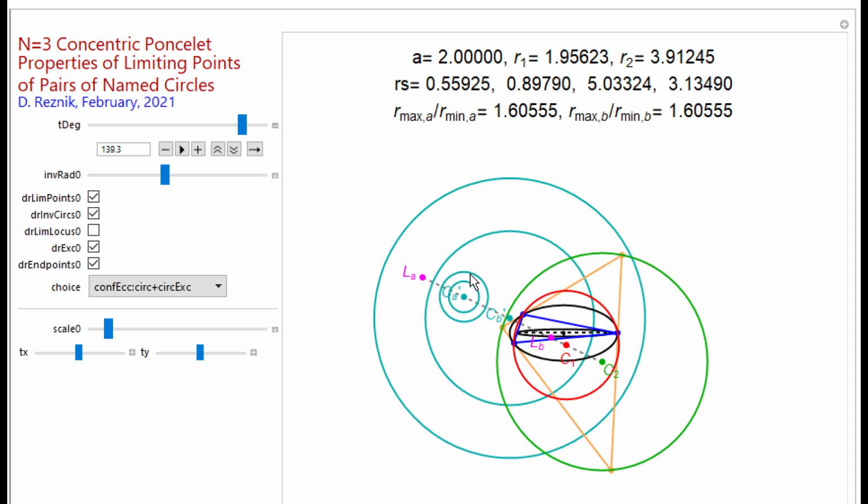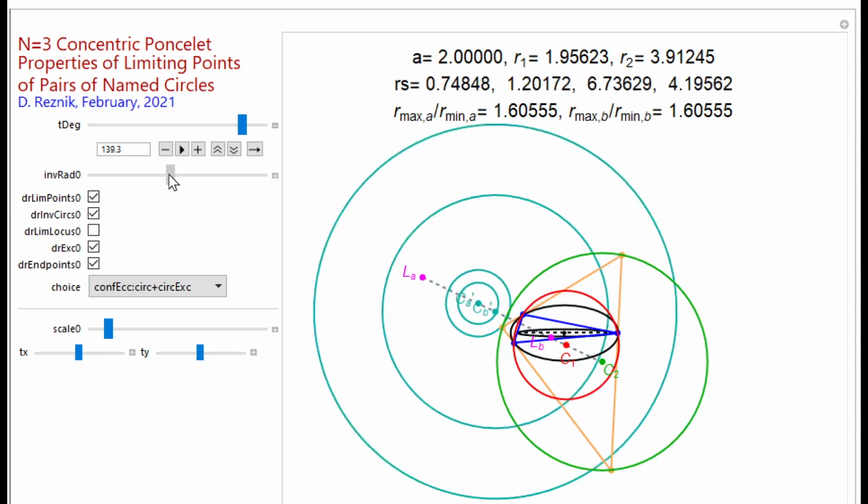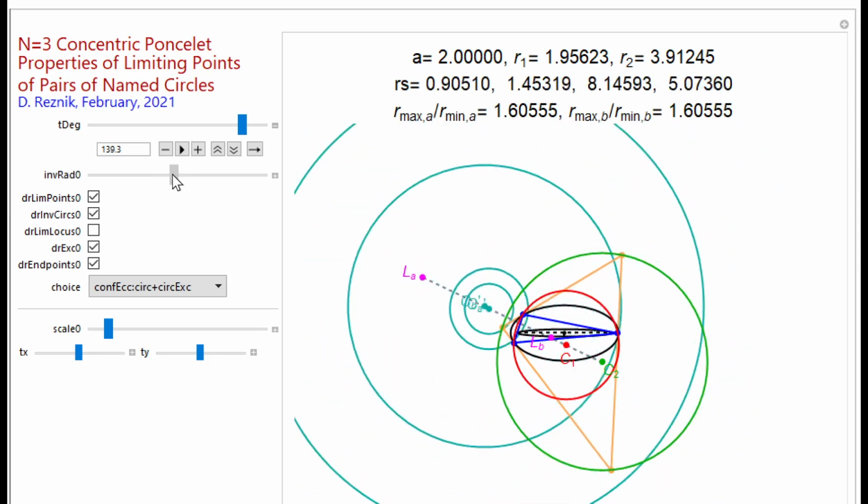If I divide the radius of this circle by the radius of this circle, I get 1.605555. Then for the second concentric pair, dividing the outer radius by the inner radius, I get the same number. This is a property of this limiting point algebra, and it's pretty cool.